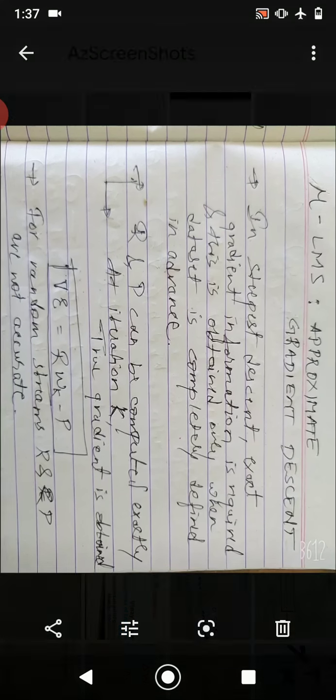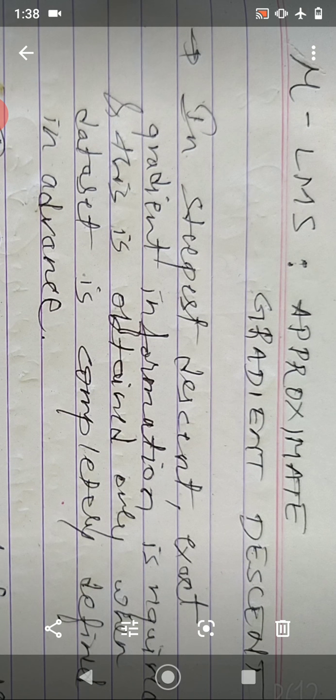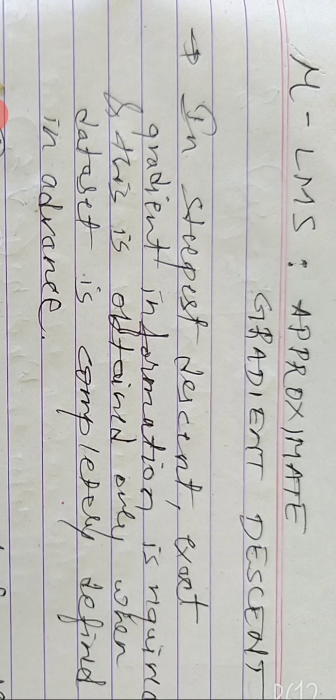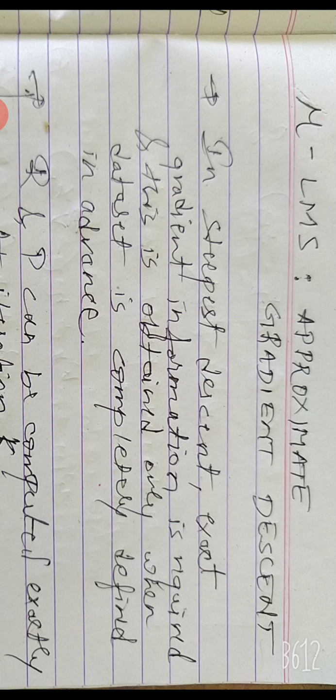Moving ahead. In the previous class, we saw one very important algorithm called the steepest descent algorithm. What all did we see in it? We were calculating the gradient of the error, that is epsilon.